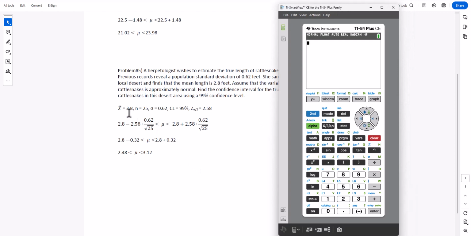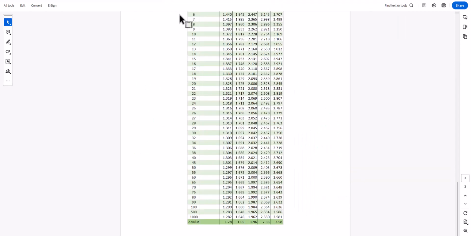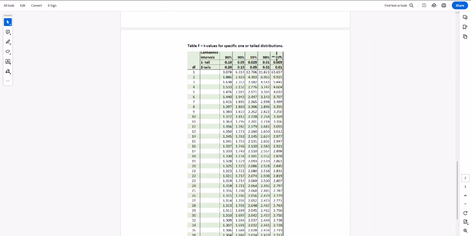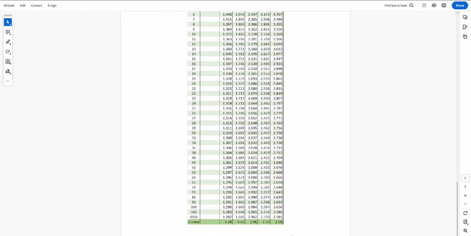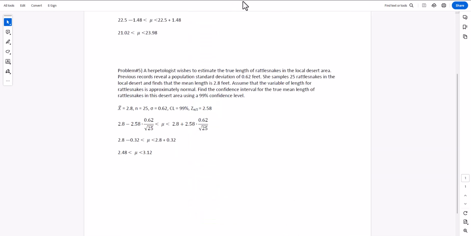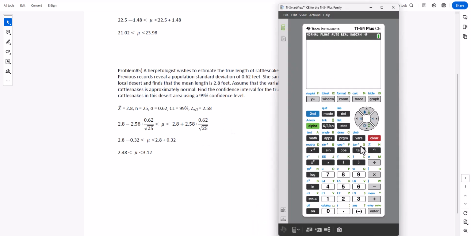X bar is 2.8. That's our sample mean. N is 25. Sigma is 0.62. Confidence level is 99%. We go all the way to the bottom because we're looking at a Z value, 2.58. And now we're ready to calculate. First, let's calculate this in the typical manner.